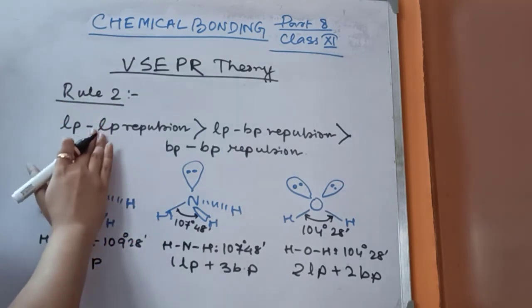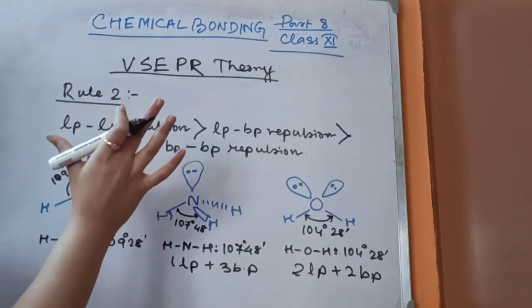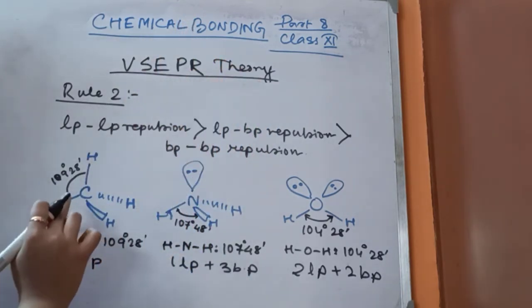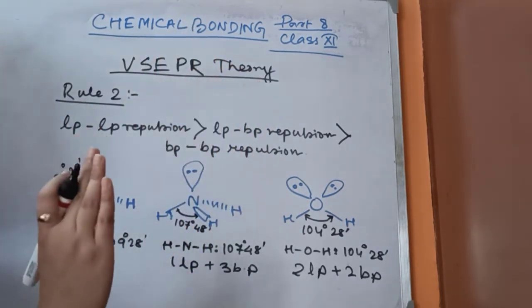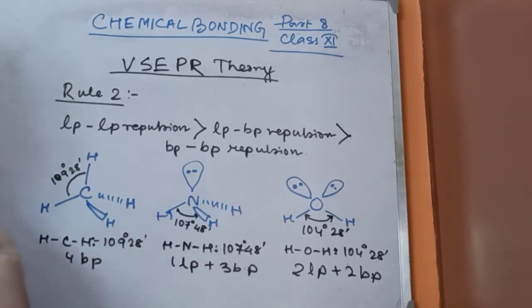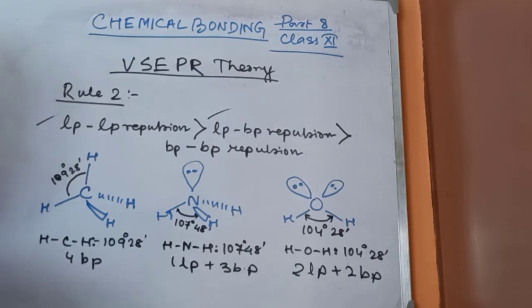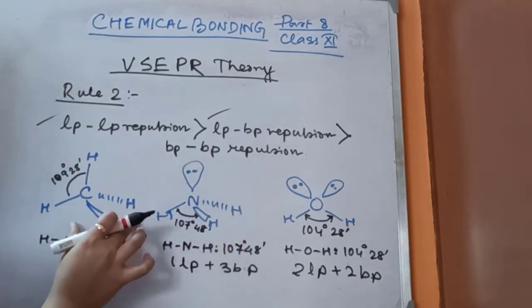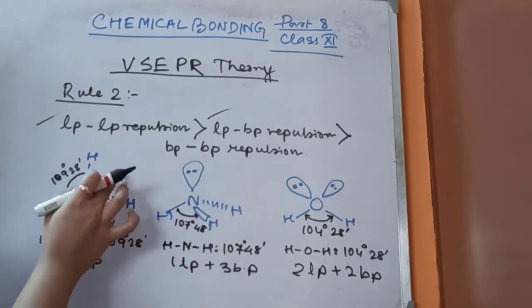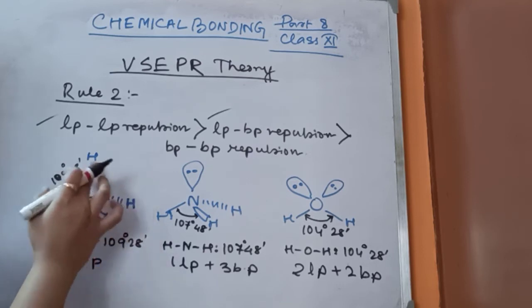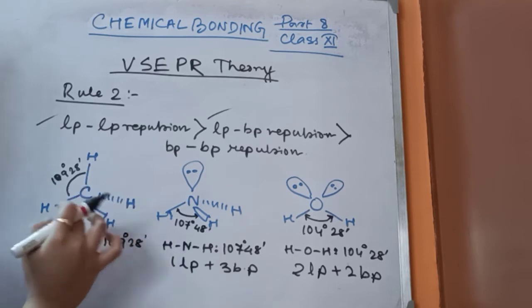Now the rule is lone pair repulsion is greater than lone pair bond pair repulsion. In methane we do not have any lone pair, so there is no question of lone pair or lone pair bond pair repulsion. There is only bond pair repulsion, and all the bond pairs are the same, so the bond pair repulsion is the same for all the CH bonds.